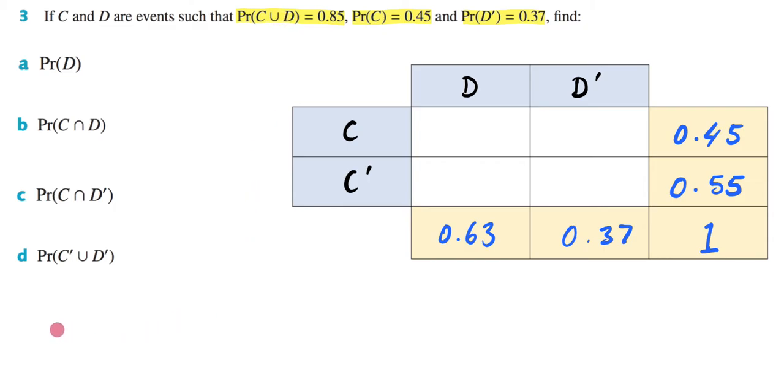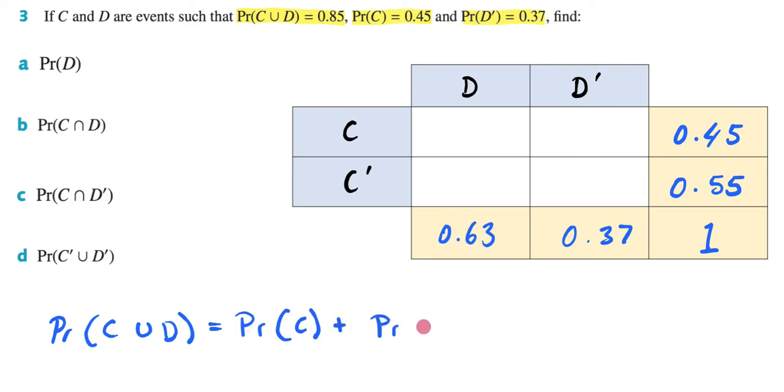So the addition rule tells us that the probability of C union D is going to be equal to the probability of C plus the probability of D minus the probability of C intersection D. Now that we have that, we can put in the values that we know in order to find out what my probability of C intersection D will be.